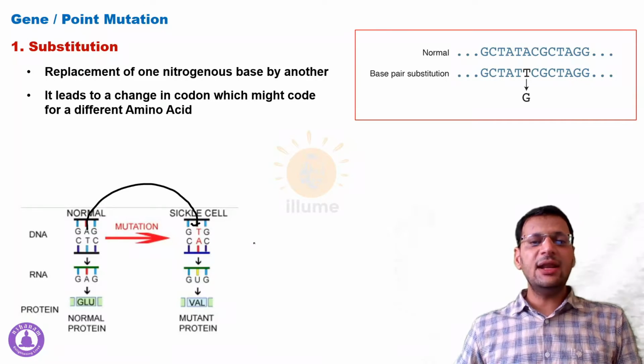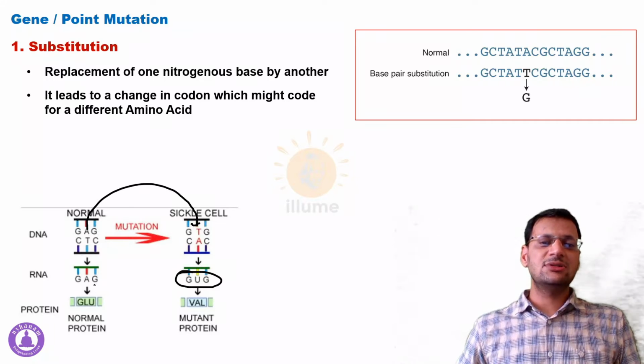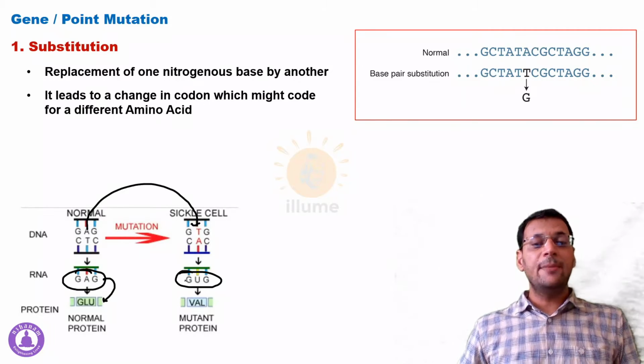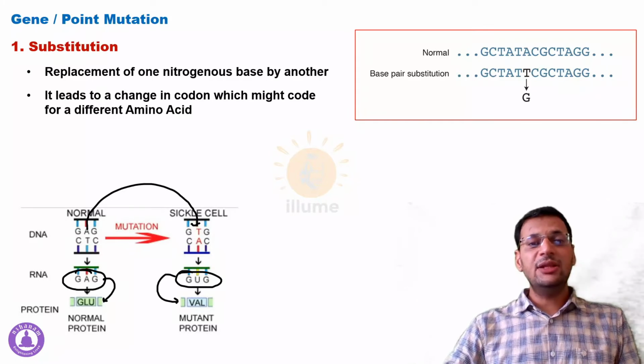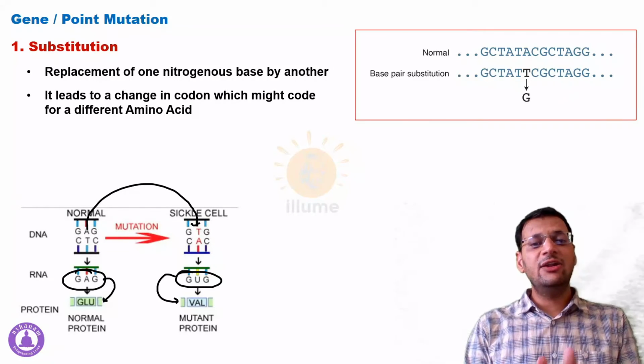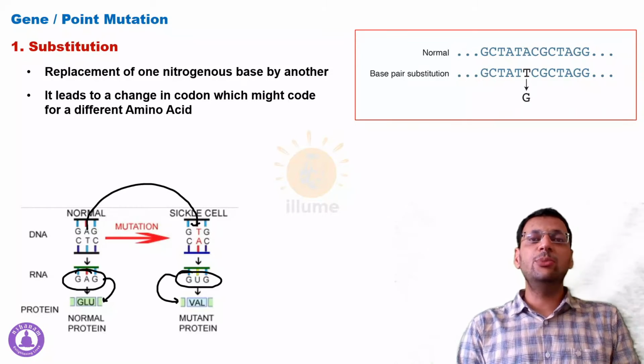Now the mRNA that is transcribed is GUG. Earlier it was transcribed as GAG, which coded for glutamine, but GUG will now code for valine. That means now the protein would have a different kind of amino acid, and this protein is called a mutant protein.